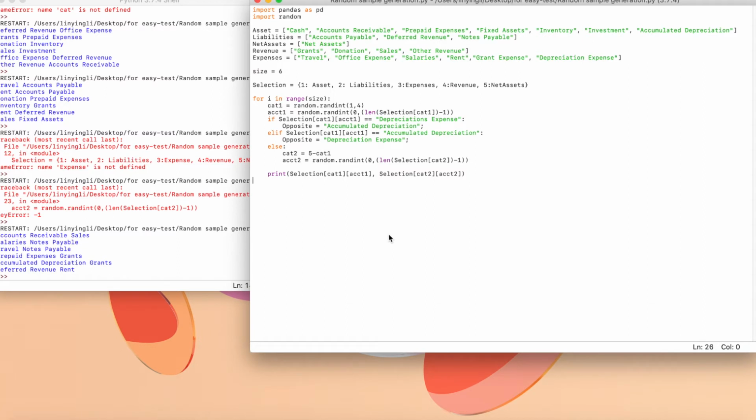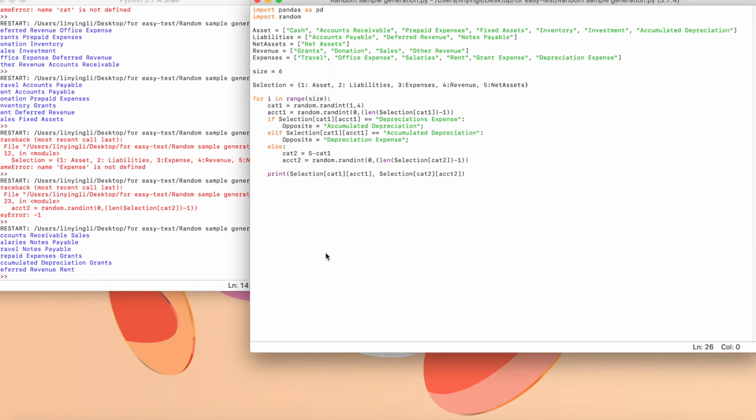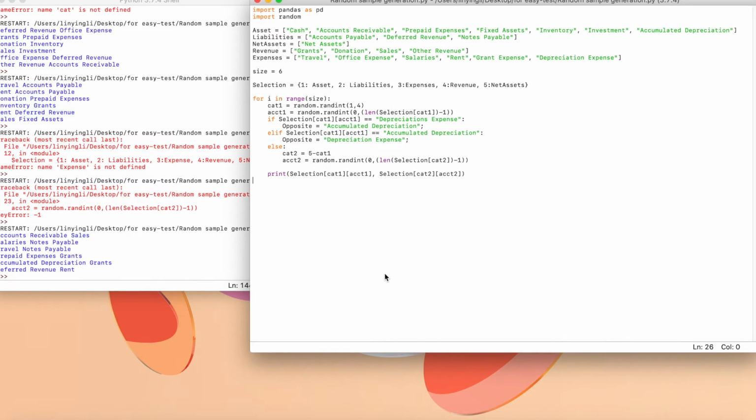Okay, so we can see the first one is we debit accounts receivable, credit sales. It's pretty cool. Debit salaries, credit notes payable. It's a little bit long.